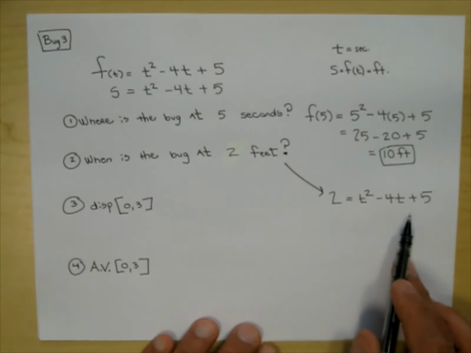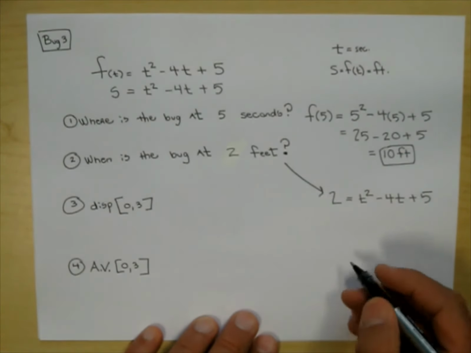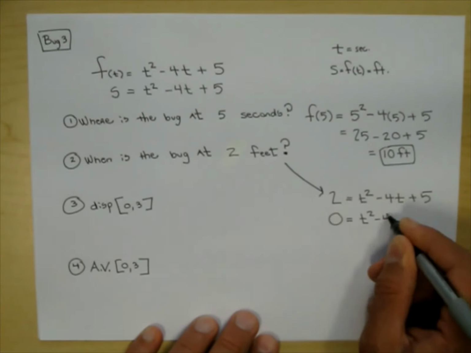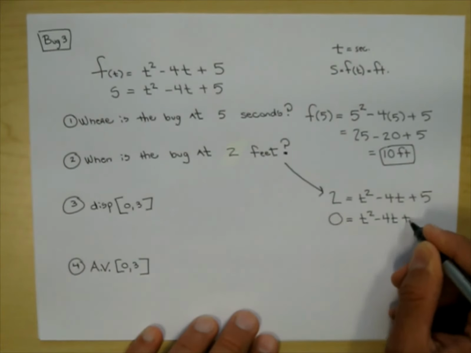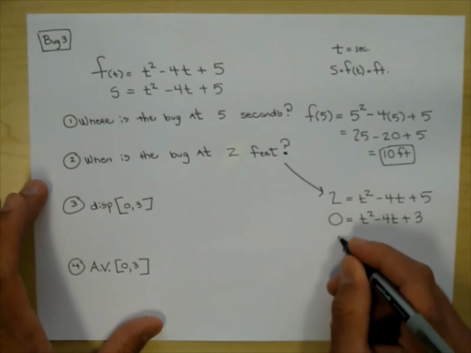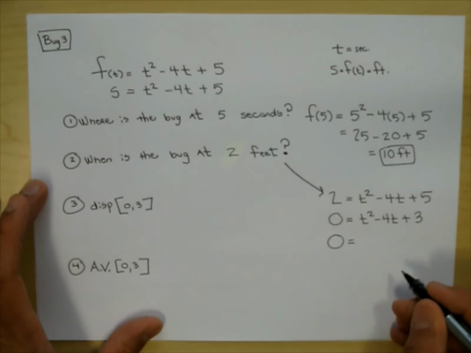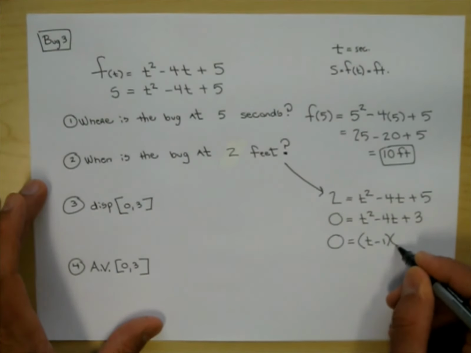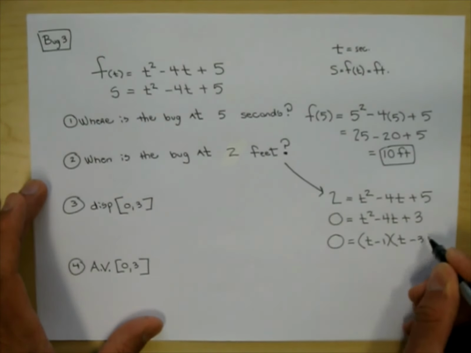And now I have to solve this quadratic equation. So I'll subtract 2 on both sides. And then I'll try to factor this. Hopefully I will not have to do the quadratic formula here. This thing's going to factor into t minus 1, t minus 3.